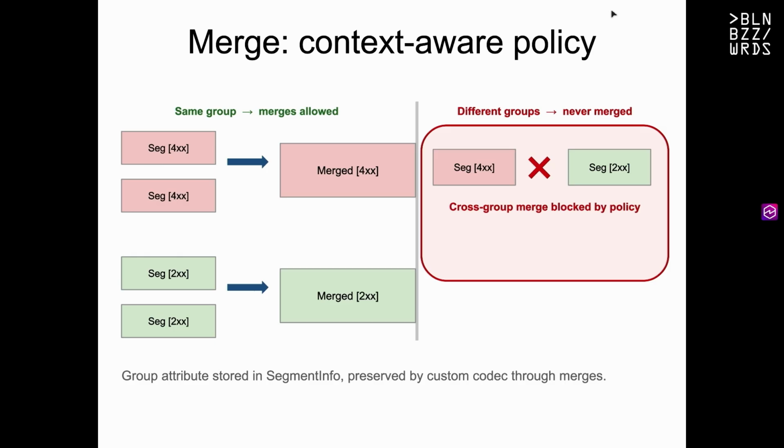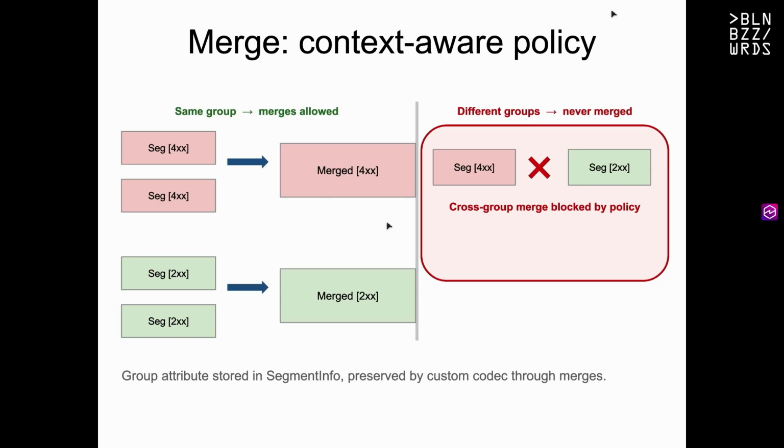But with context aware segment, as we discussed, we are introducing a new invariant where every segment belongs to exactly one group. This invariant can cause an issue: we cannot allow a 4xx segment to be merged with a 2xx segment, as this would destroy the grouping guarantee that the entire system of context aware segment depends on.